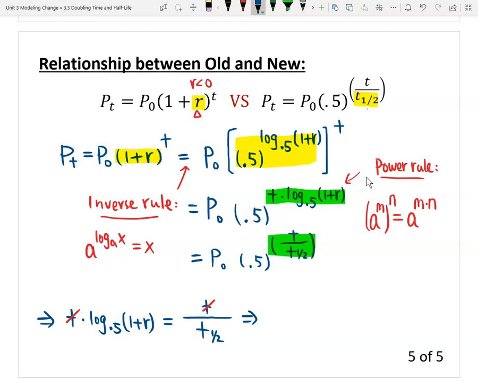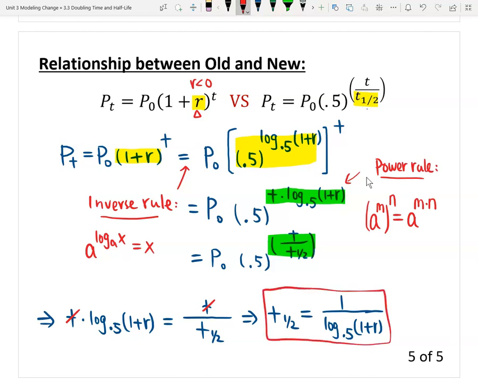Let's flip both sides. Therefore, I get the half-life T1/2 equals 1 over log base 0.5 of (1 plus r). That's the relation we finally got. I may highlight this one.